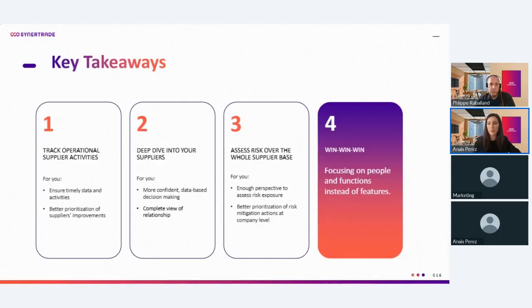So you are really impacting the rest of the company. The business side is impacted by all these actions that you take strategically, and this is how you position the procurement department as a strategic one.